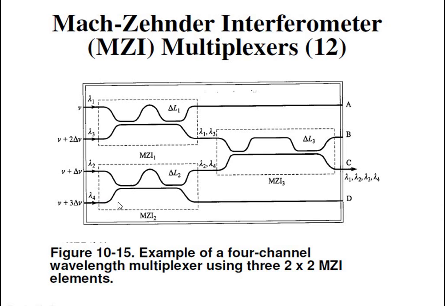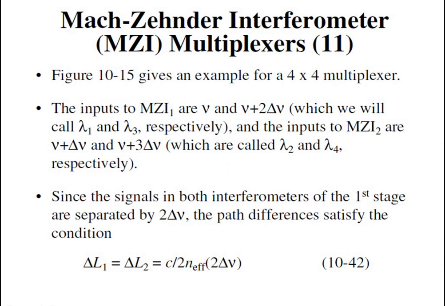The signals in both the interferometers of the first stage are separated by 2 delta nu. The path differences satisfy the condition delta L1 equal to delta L2 equal to C divided by 2 n effective into 2 delta nu.